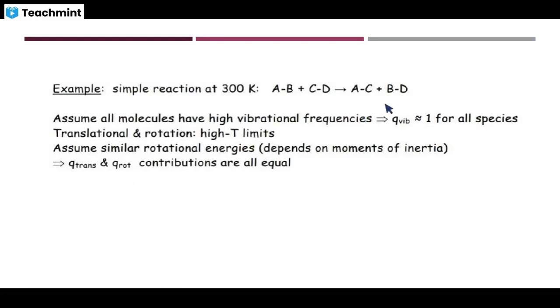Assume all molecules have the same vibrational frequency, so then Q vibration is equal to 1 for all species. Translational and rotational are at high temperature limits. Assume similar rotational energy, which depends on moments of inertia. Q translational and Q rotational contributions are all equal.